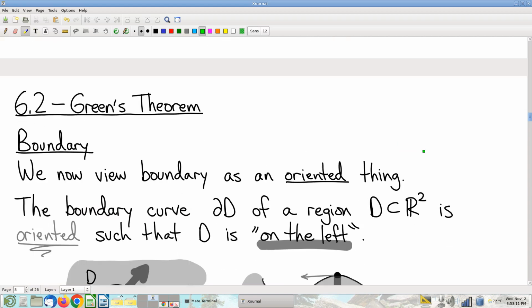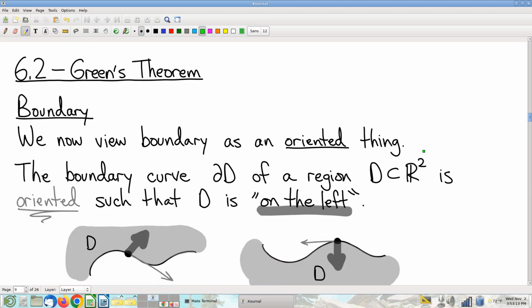All right, so on to section 6.2, new topic. In fact, this is not just a new section, but we're into a new part of the course, arguably. Green's theorem is the first that we're going to see of a category of theorems.